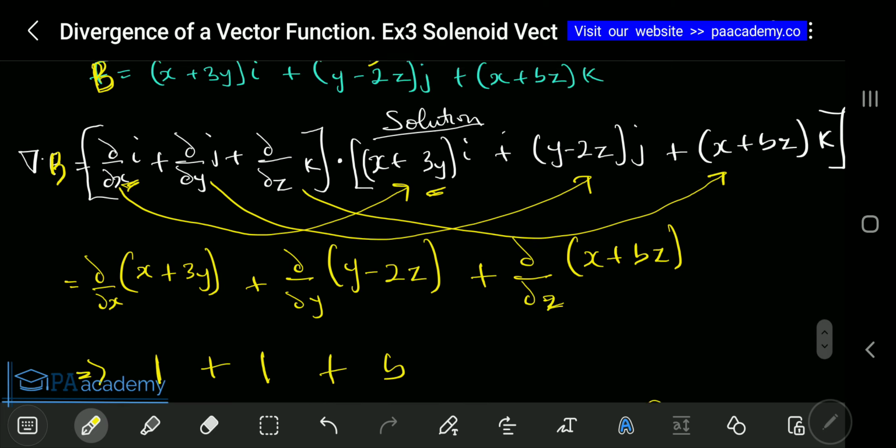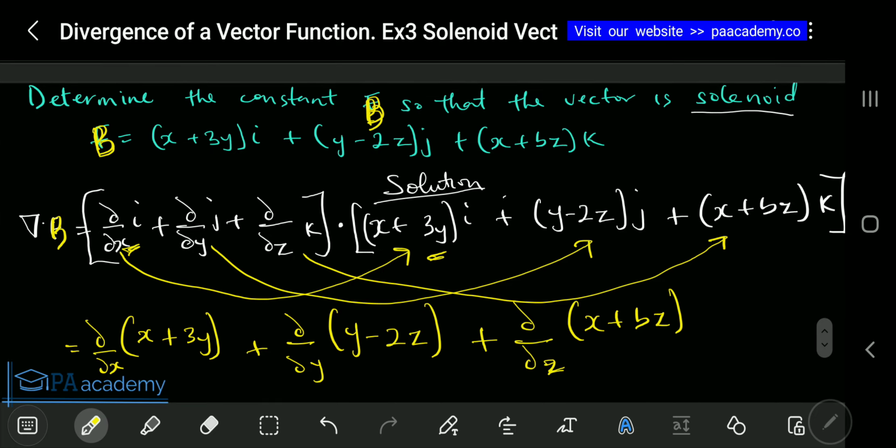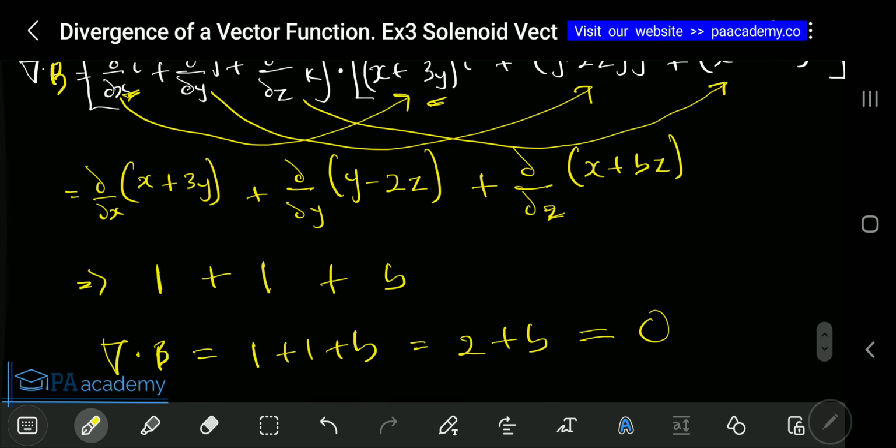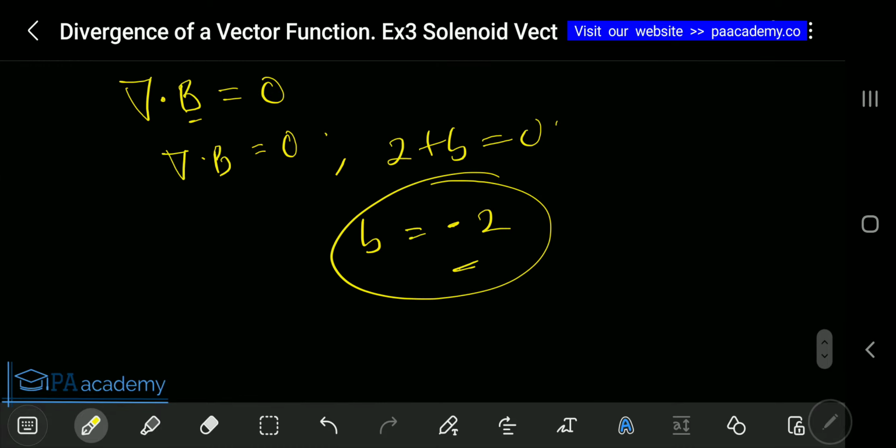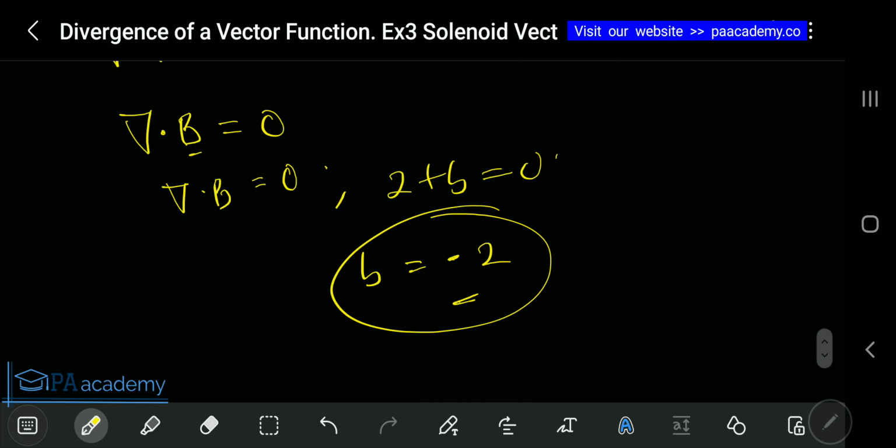So on this solution, we've been asked to determine the constant b so that the vector is solenoid. The basic thing you just need to understand here is that once you say a vector is a solenoid, just understand that the div of that particular vector is equal to 0.